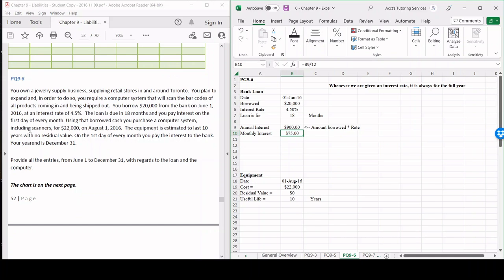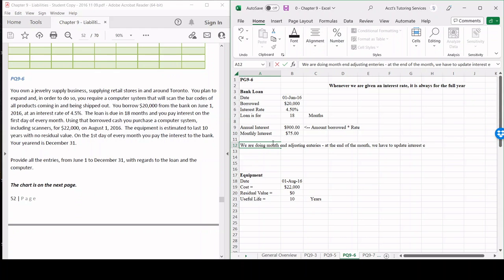Whenever we do interest calculations, unless stated otherwise, we're doing month-end adjusting entries. All this means is that at the end of the month, we have to update interest expense and interest payable. And then interest is paid the first day of every month.